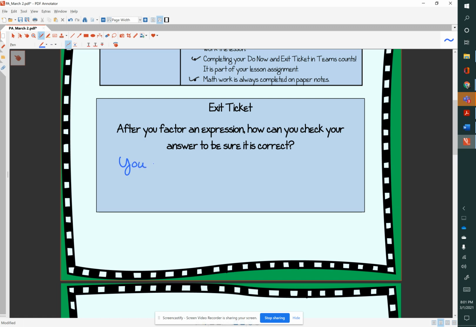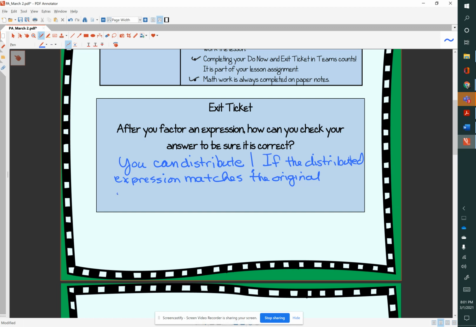You can distribute, and if the new expression or distributed expression matches the original expression, your answer checks.